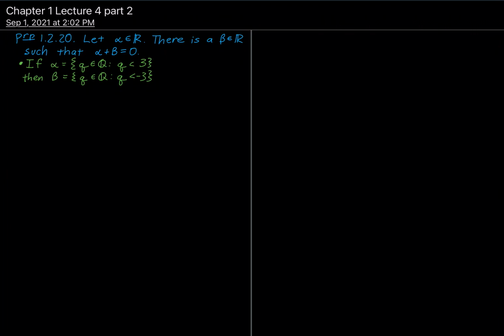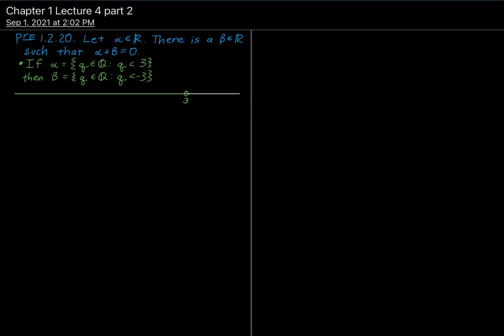but what if it isn't? Well, let's think about this for a moment. Let's give ourselves a number line. So here is our cut alpha. We start at 3. We go down to -infinity. Here is our cut beta.